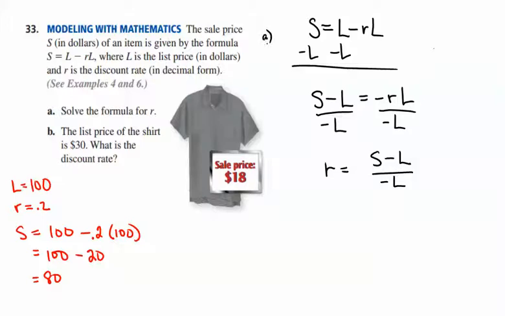The second part that we want here then is to find, if the list price of the shirt is $30, what is the discount rate? And we see the sale price is $18. So all we're going to do then is plug in the list price.